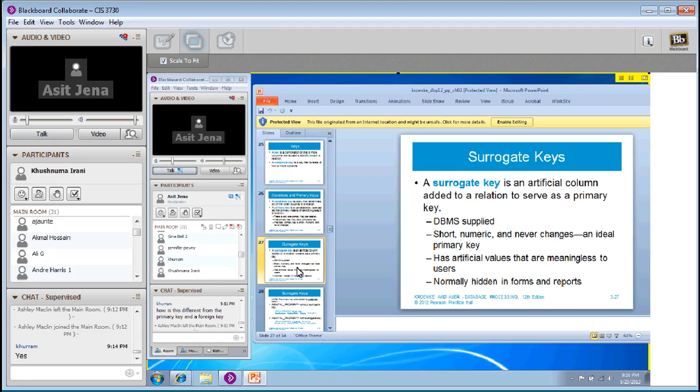The DBMS automatically assigns it, so you can say, I really don't have this information when I got it, it didn't have some kind of a key associated with it, but it is easy to track data in a DBMS with some form of short numeric keys. So when I store the data into the database, let the database assign it some unique keys, and the database can do it automatically. So these are artificial, meaningless to the user.